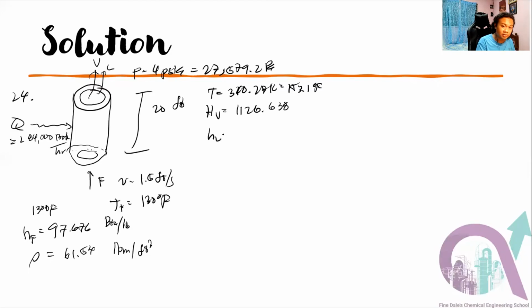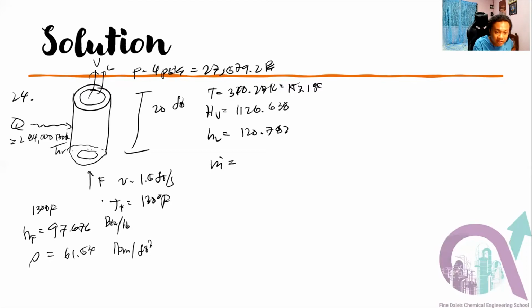HL is equal to 120.782 BTU per LBM. So we have to find the mass flow rate.